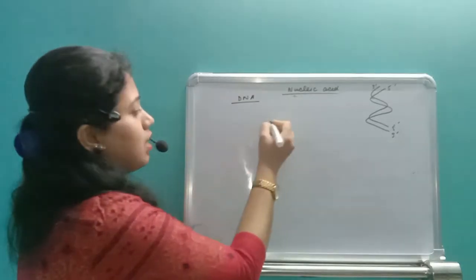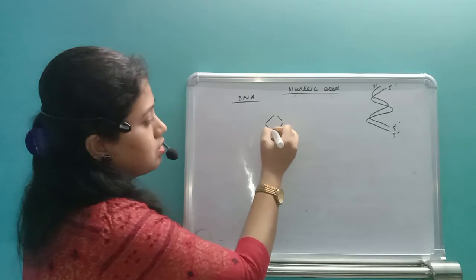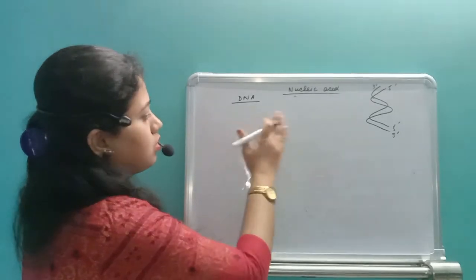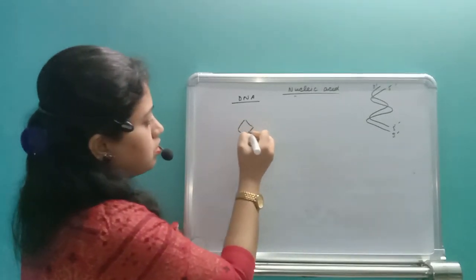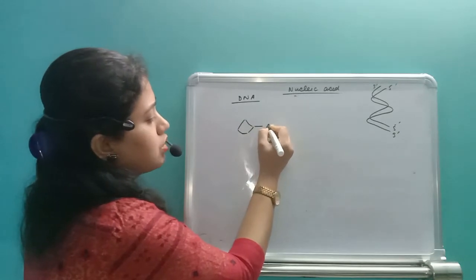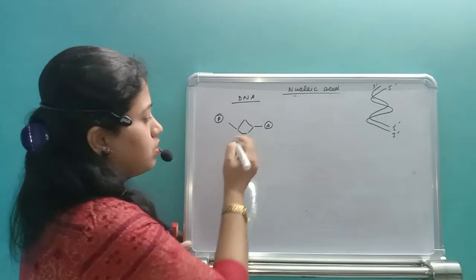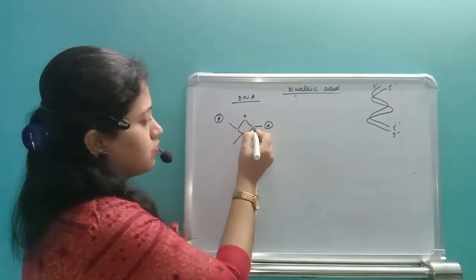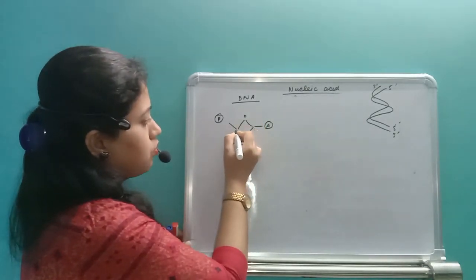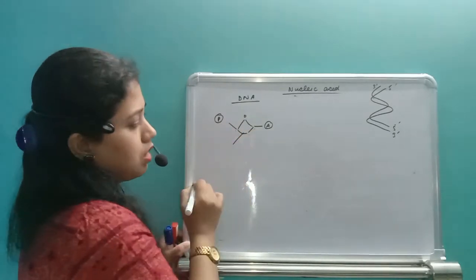So just see what is happening here. This is the ribose sugar. Suppose adenine is attached to it, and suppose phosphate is attached. This is the first carbon, this is second, third, fourth, and this is the fifth carbon.